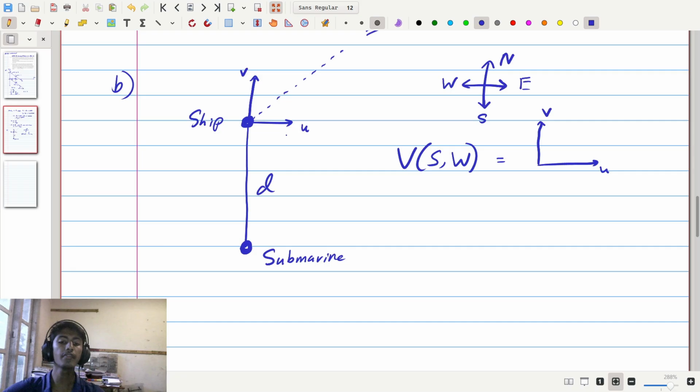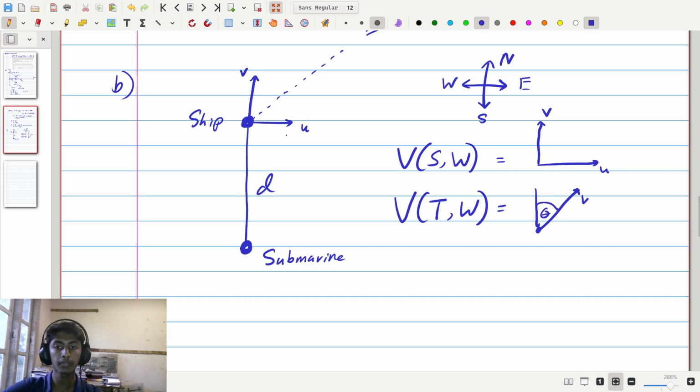And we also know that if we have our submarine and we launch a torpedo at an angle like this, then the velocity of the submarine's torpedo, which I'm going to call t, with respect to the water, is going to be at a velocity w at some angle which we are going to call theta, to the vertical or northward direction.